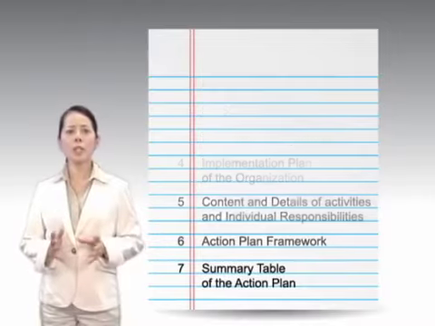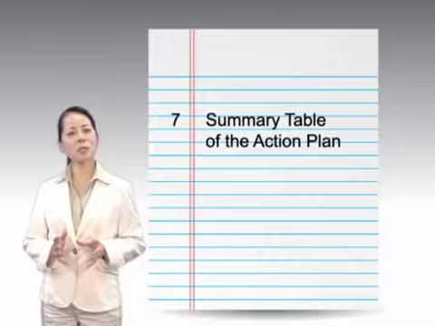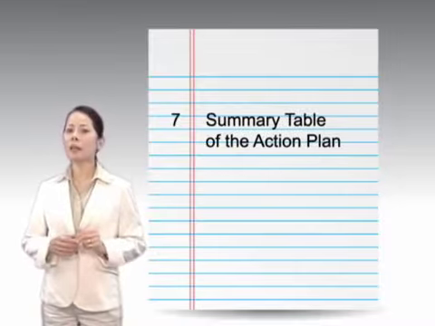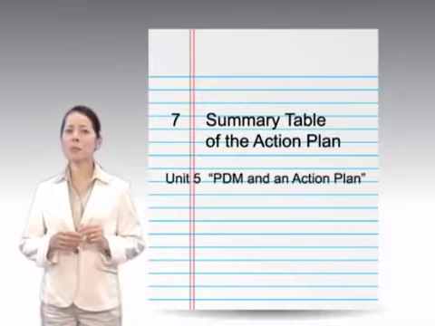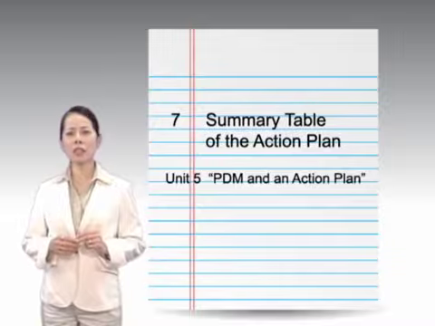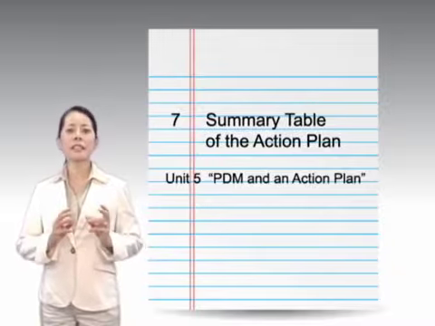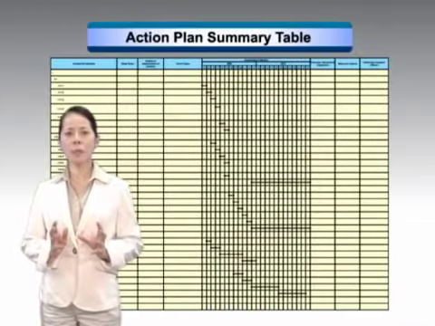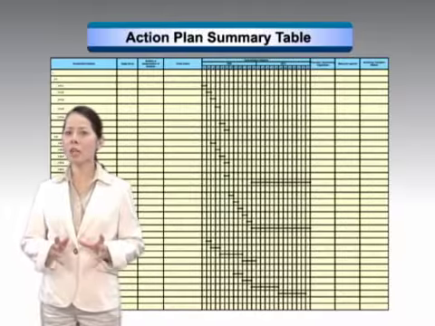Here, I explain summary table making for an action plan. Detailed explanation about the action plan can be found in Unit 5. The summary table of an action plan is for implementation of a program or project.